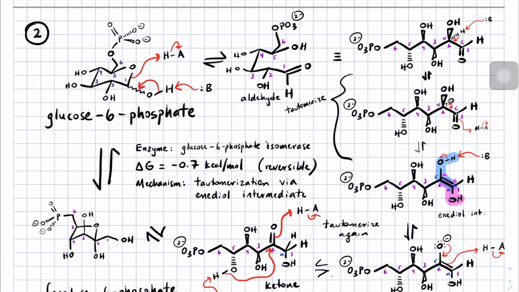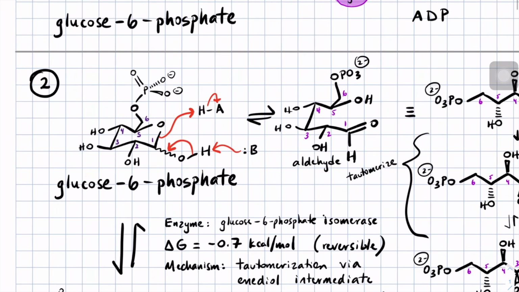So if we were to go through and review this mechanism again, you start out with something that is a cyclic hemiacetal. Then you do the ring opening of the cyclic hemiacetal via those two proton transfer steps.